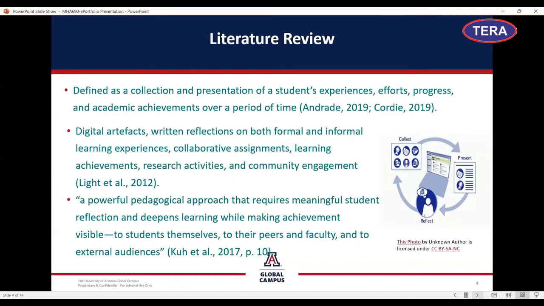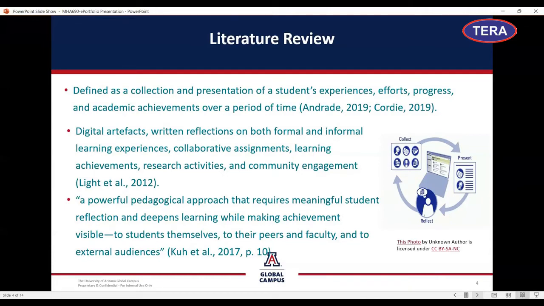E-portfolio can be defined as a collection and presentation of a student's experience, efforts, progress, and academic achievements over a period of time. It is also a detailed description of learning that has occurred.